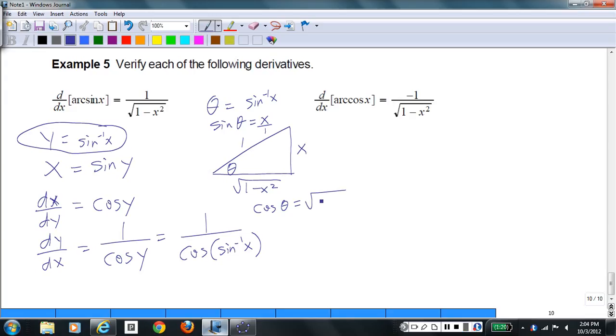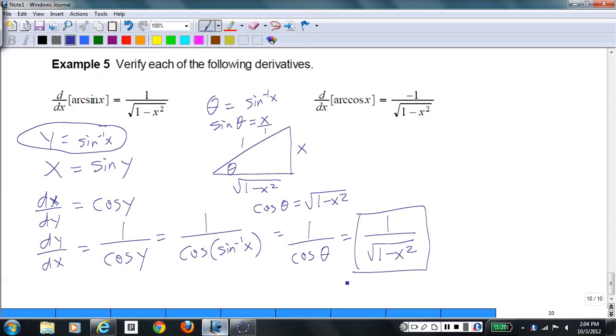The square root of 1 minus x squared. So here we go. 1 over cosine of inverse sine of x is going to be 1 over the cosine of theta. So that's 1 over the square root of 1 minus x squared. So this is an expression for the derivative of the inverse sine function, 1 over the square root of 1 minus x squared.